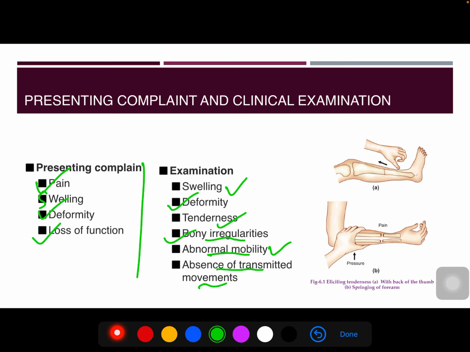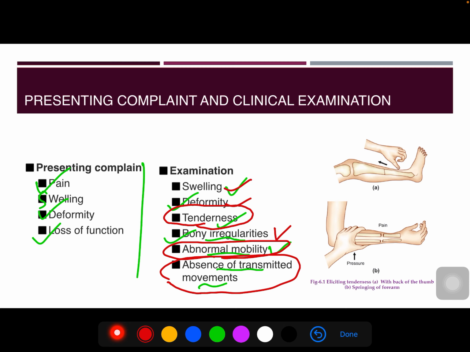The main things which indicate a fracture are tenderness, abnormal mobility, and absence of transmitted movement. If there is movement in one part of the bone, it cannot be transmitted as it is in the normal. So we have to check these three along with swelling, deformity, and bone irregularity.